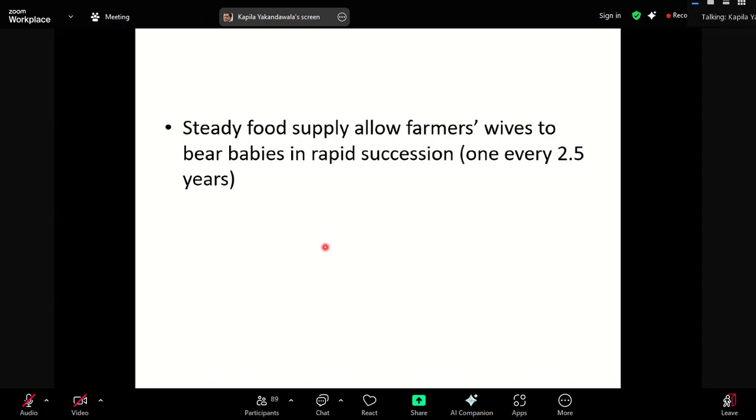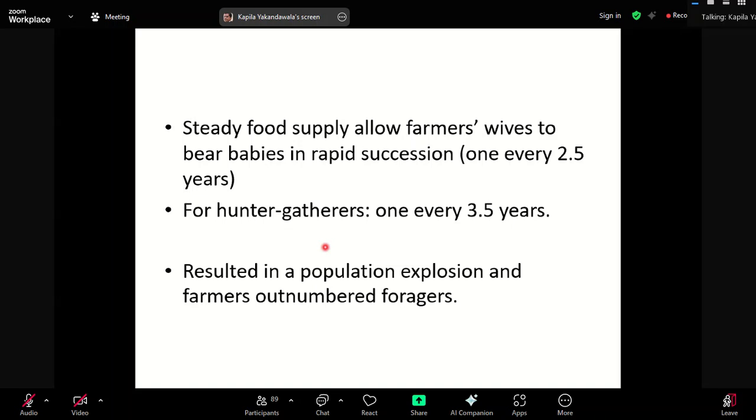carbohydrate-based diet with farming. For early foragers, hunter-gatherers, life was very difficult. Their wives had babies with a long gap, like 3.5 years. But later, that gap was reduced and there was an increase in the population of farmers.